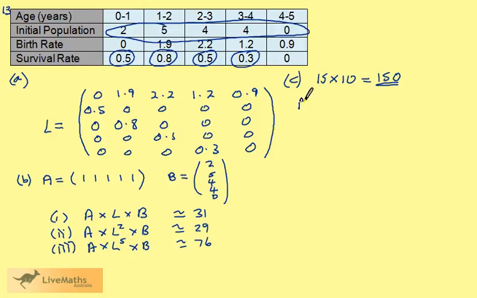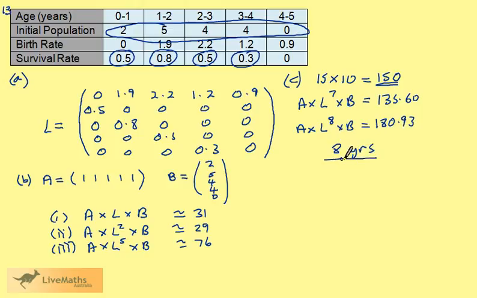If we do A times L to the power 7 times B, we get 135.60. A times L to the 8 times B is 180.93. So the answer is 8 years.